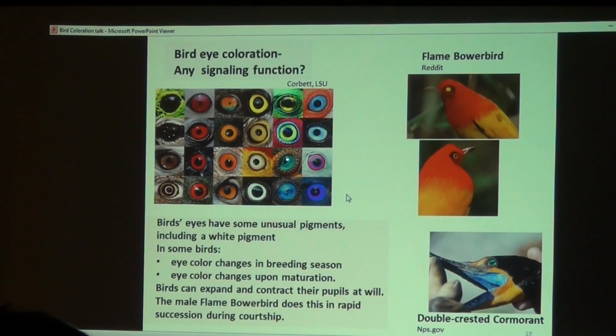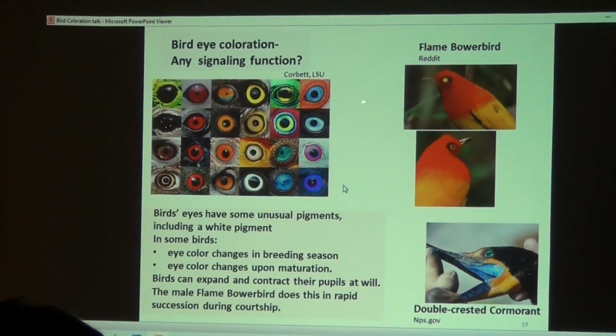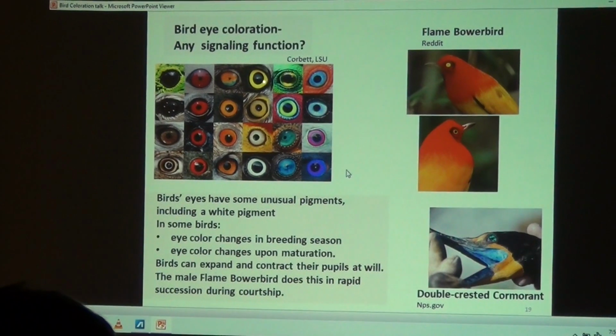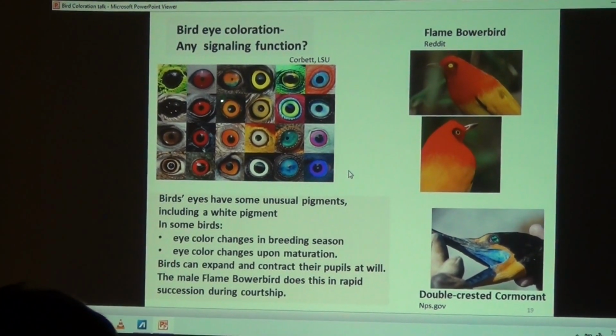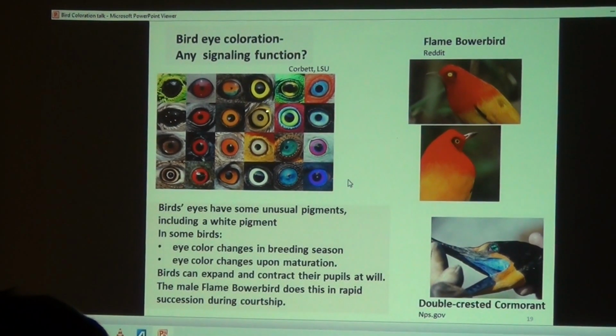Eye colors. There's a huge diversity of eye colors, and we don't fully understand the function of those colors, whether they have a signaling role, at least for most birds. And we also don't understand what the pigments or the structures are that make up these colors. There's one thing though, I said there's no white pigment, but some birds that have white in their eye actually have a white pigment.